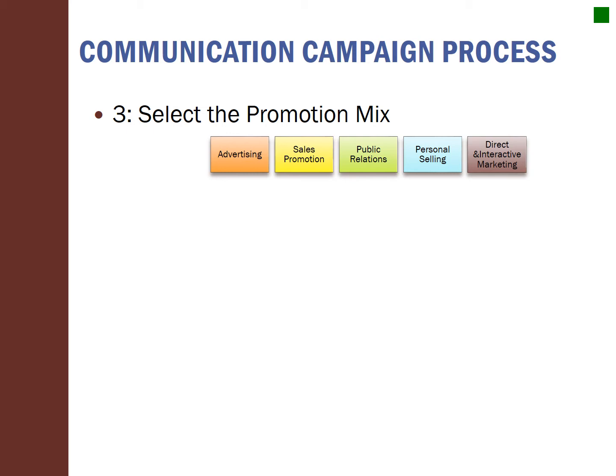So number 3 then, after we think about those goals, is selecting the promotional mix. Again, I mentioned these before, the big categories within the promotional mix toolbox: advertising, sales promotion, public relations, personal selling, and then direct and interactive marketing.